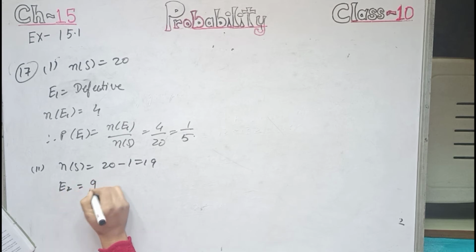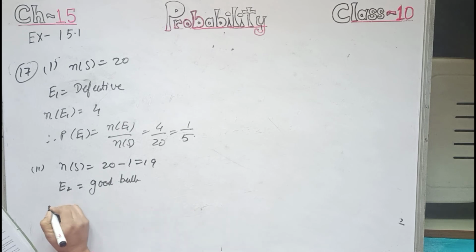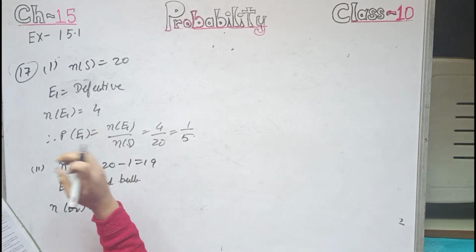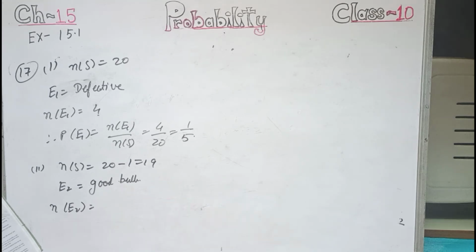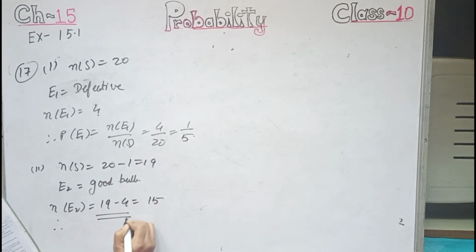E2 equals good bulb, that is the bulb which is not defective. Therefore n(E2): defective is already 4, and the bulb which we have taken out was good. So defective bulb is still 4 and the good bulbs are now 19 minus 4, that is 15.